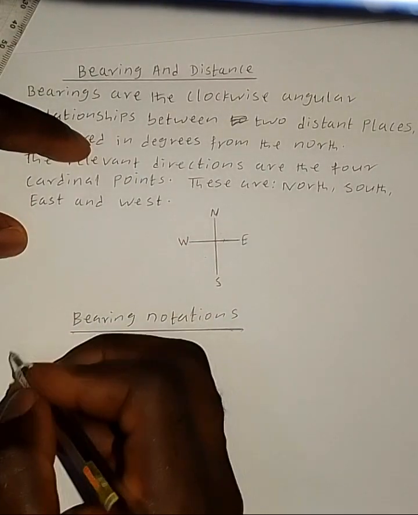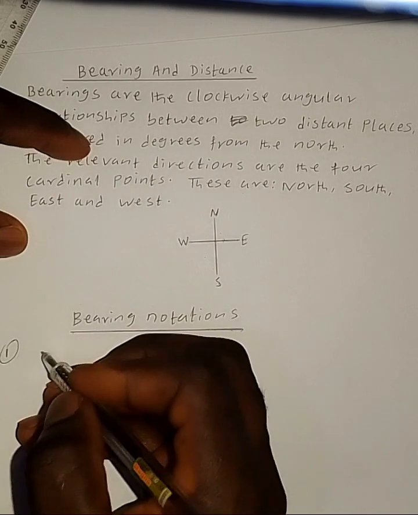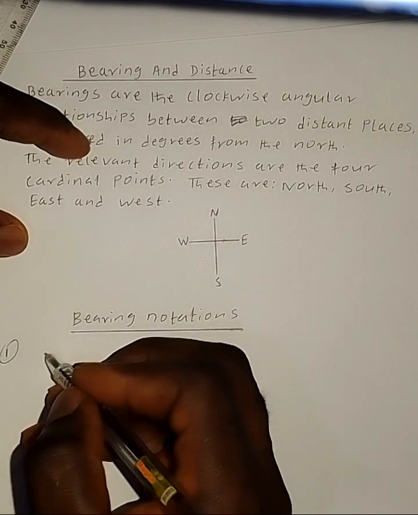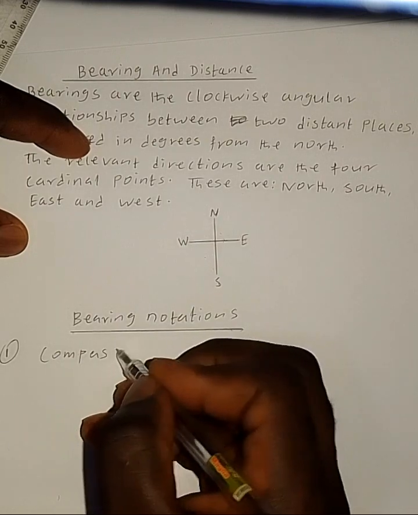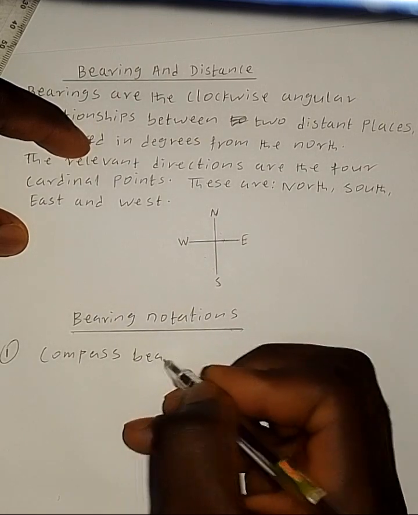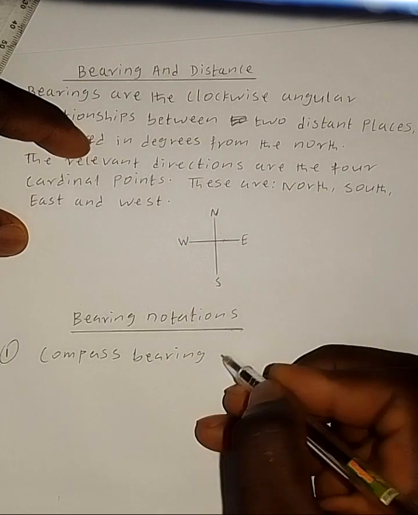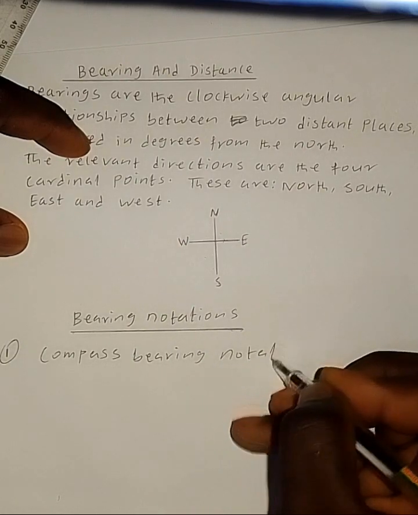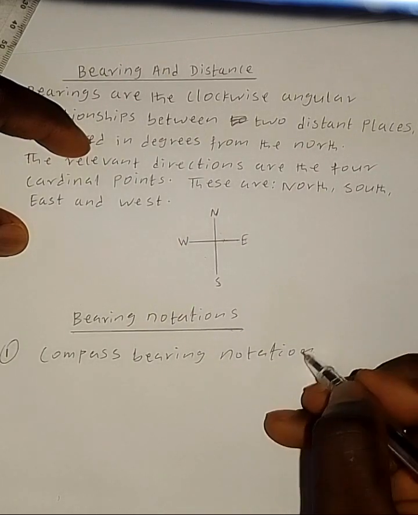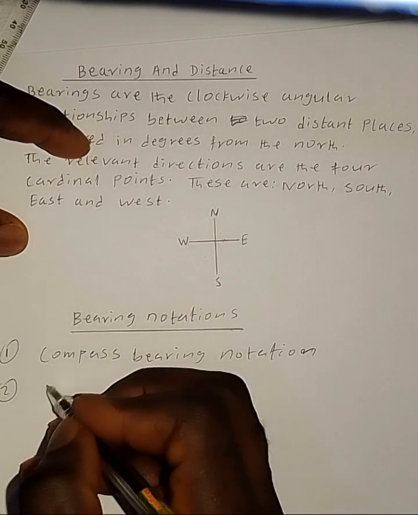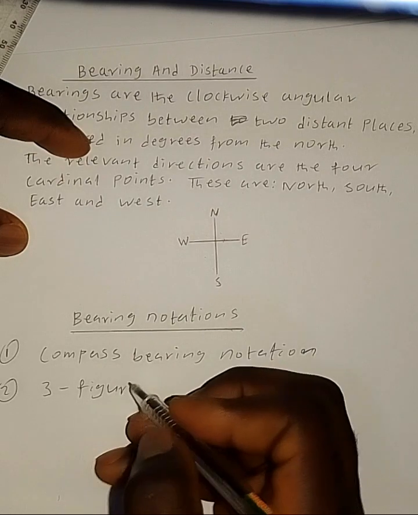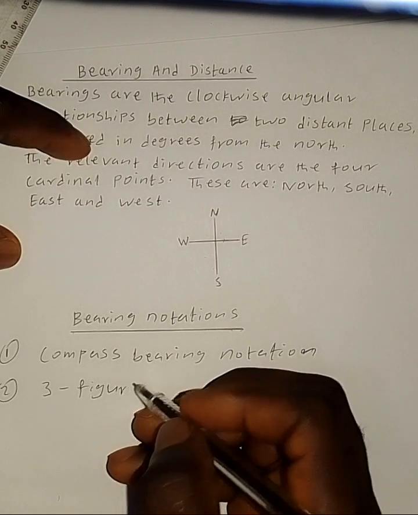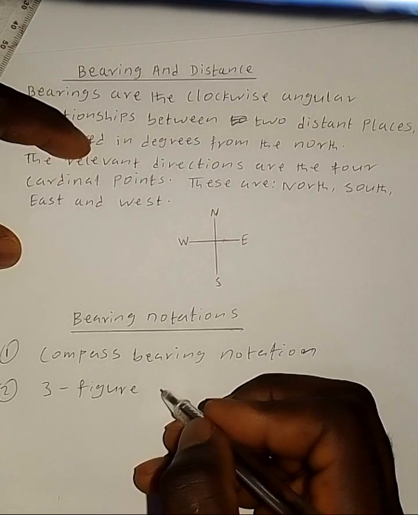We have the first one, compass bearing notation, and two, three-figure notation.